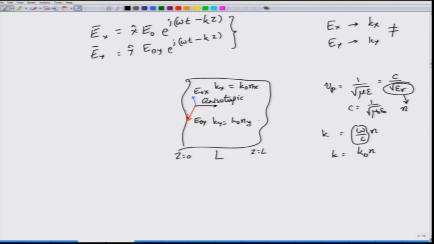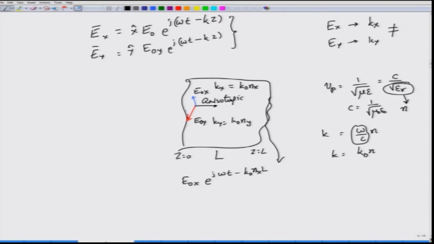Is that okay? Now at z equal to L, these waves have propagated a distance of L. So what will happen to the electric field E0x? Well, the x component electric field will propagate like this: E0x e to the power j omega t minus k0 nx, and what is the distance it has propagated? L. Why this L?